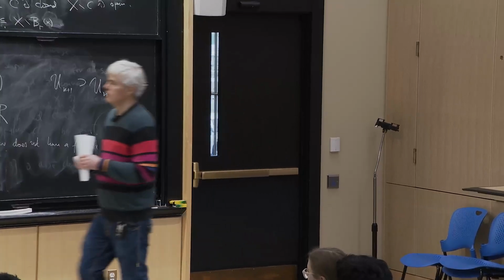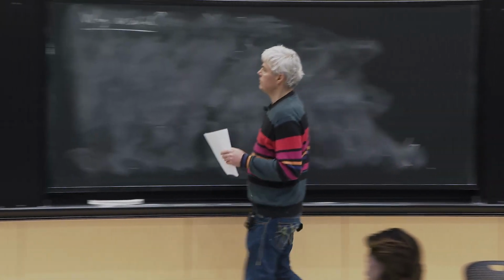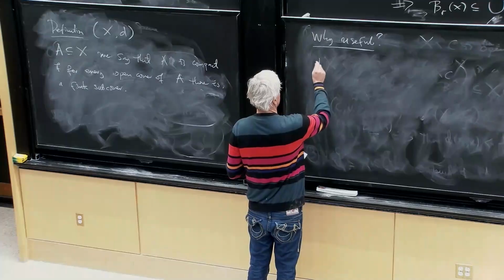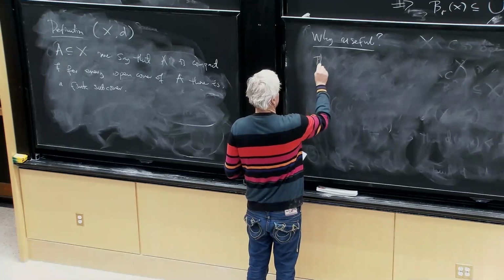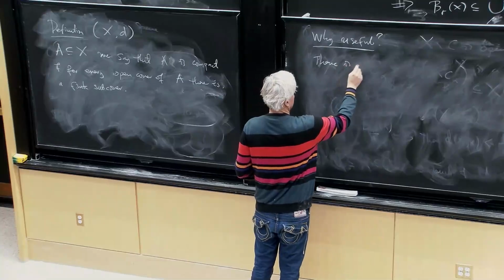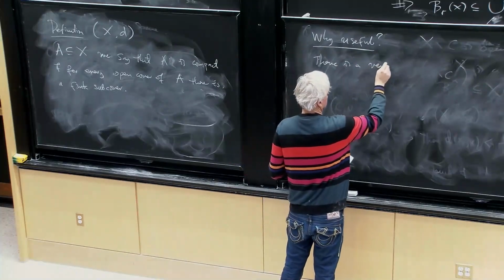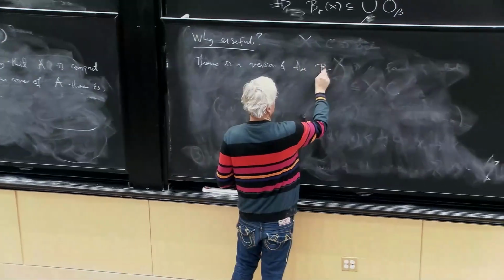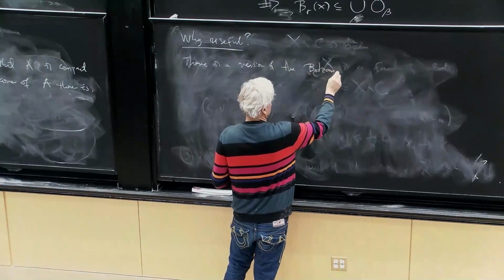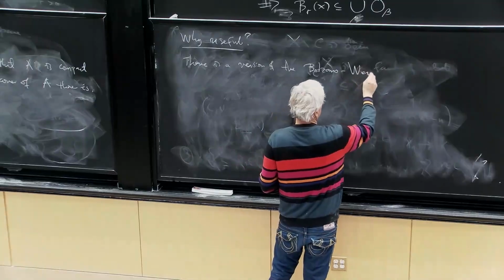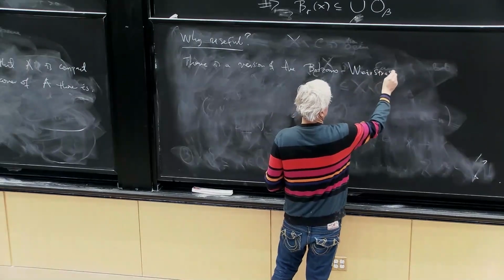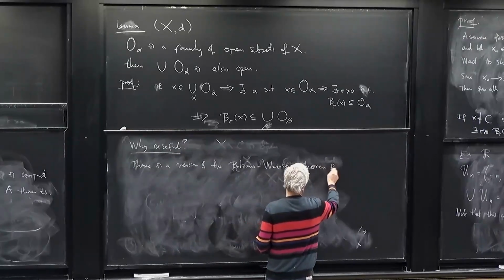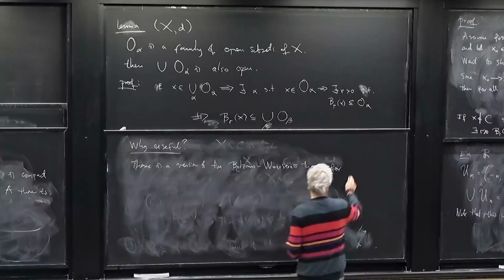And so why is it useful, this notion of compactness? It's useful because there's a metric version of the Bolzano-Weierstrass theorem for metric spaces.